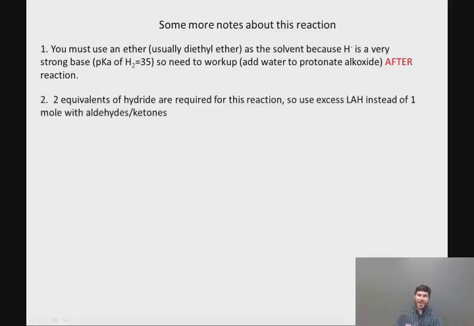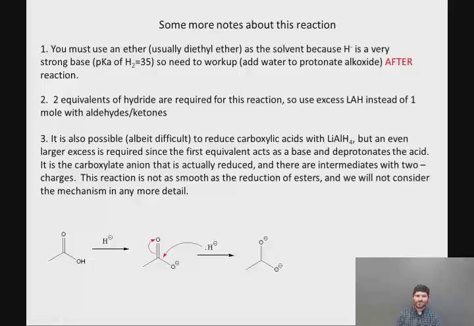Okay, second of all, we need 2 hydrides for this reaction to take place, so we have to make sure we use an excess of lithium aluminum hydride. And then finally, it is possible, albeit difficult, to reduce carboxylic acids with lithium aluminum hydride. Okay, so you saw a hint to that in the graphic that I put on the last slide.